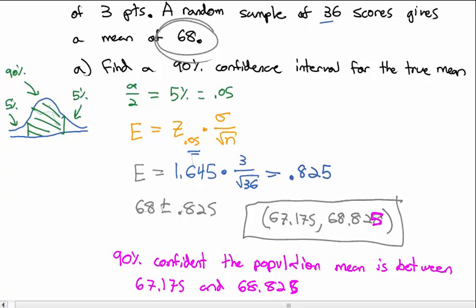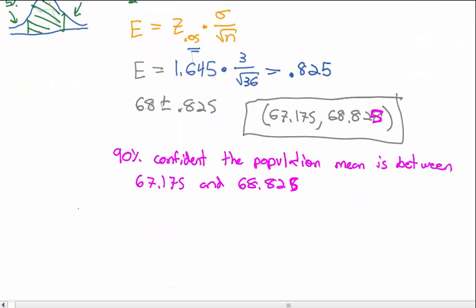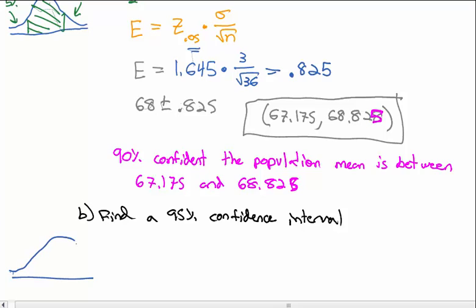Now what happens if we adjust the confidence level? What if we did the same problem, but instead of a 90% confidence interval, we were asked to find a 95% confidence interval? So now we're looking at the same situation, but this time our area in the middle we want to be 0.95.